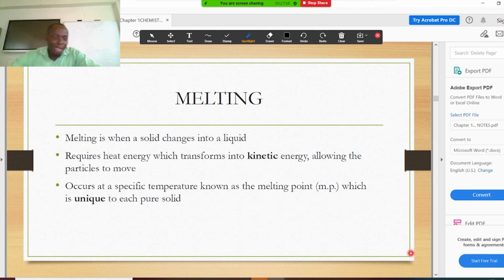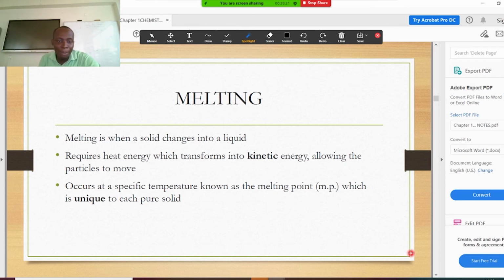And it occurs at a specific temperature. That is what we call the melting point. The melting point is a specific temperature at which a solid turns into liquid, and it's unique to each pure solid. Unique to each pure solid means that every pure solid has its own unique melting point.